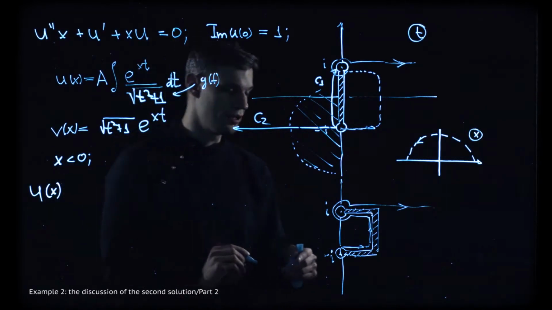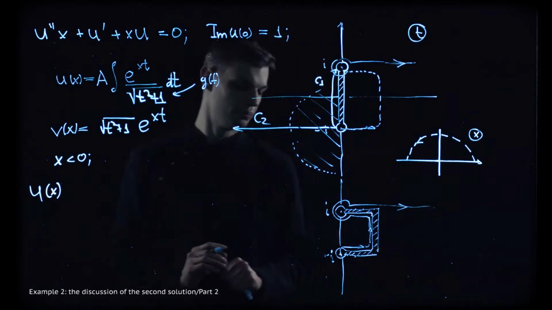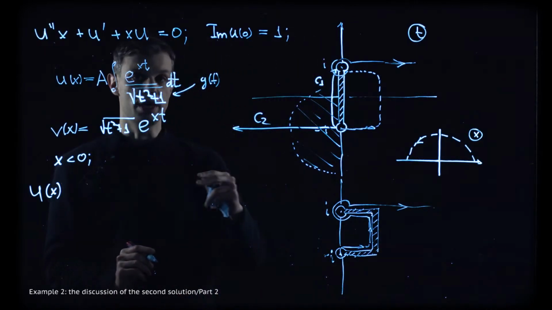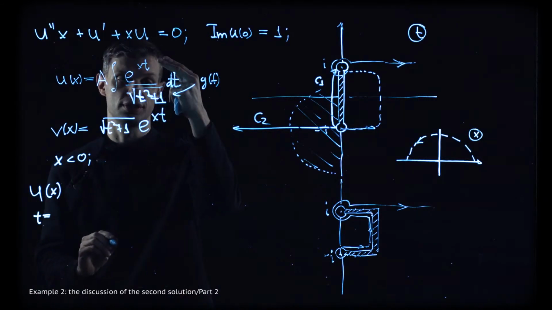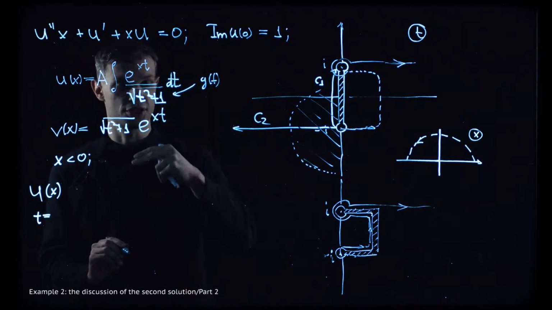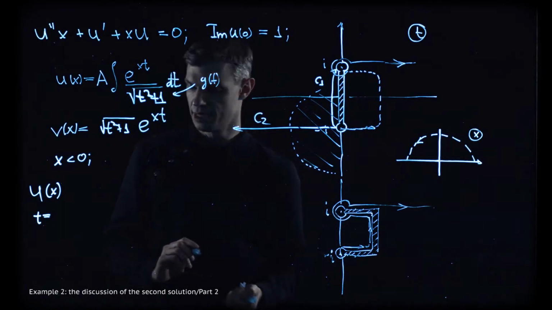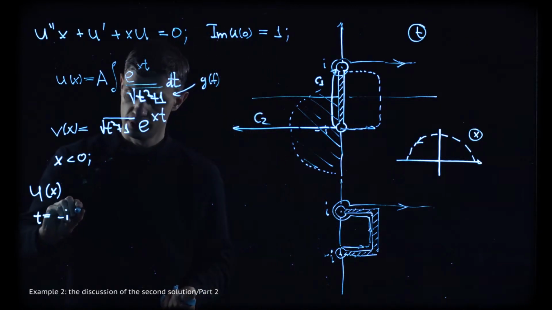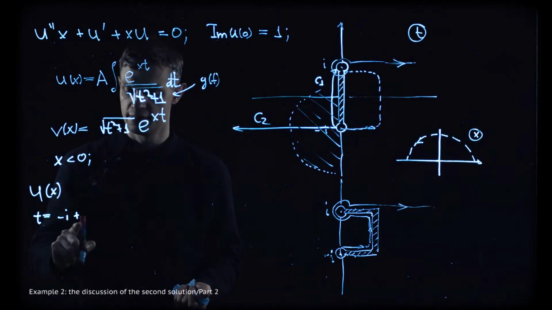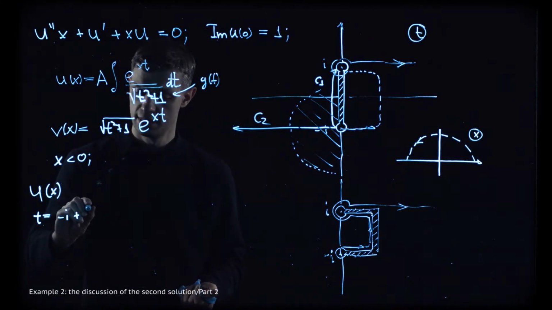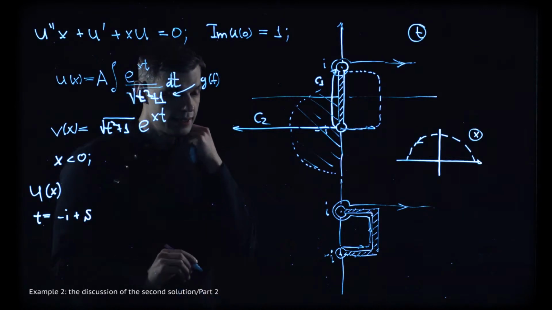First, let's address the contribution from the lower branch point. Again, we expand our exponent function and g function in the vicinity of the minus i point, and introduce the shifted variable s, t equal to minus i plus s.